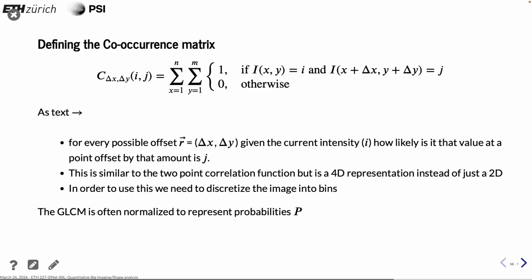And that in the end results in some kind of 4-dimensional representation. It's a little bit hard to understand what it's actually doing. And this one is just the sums, so it's often normalized to represent probabilities instead, to be easier to compare with other patterns.